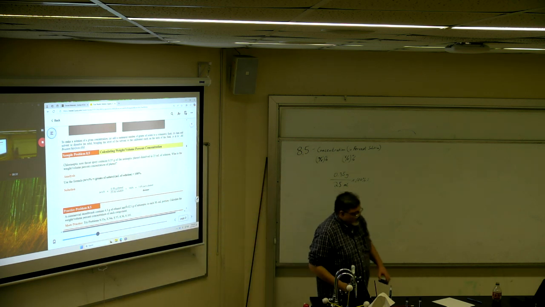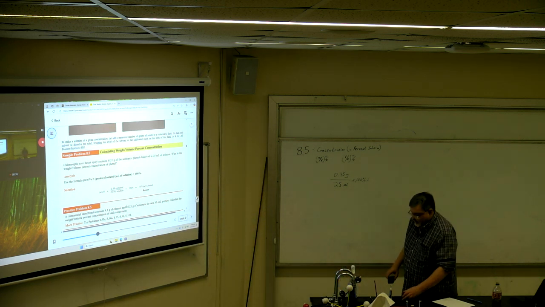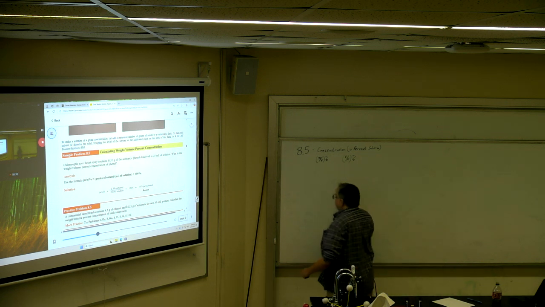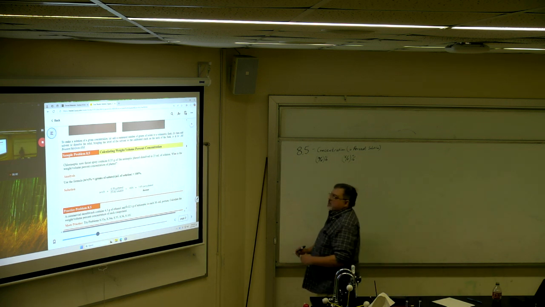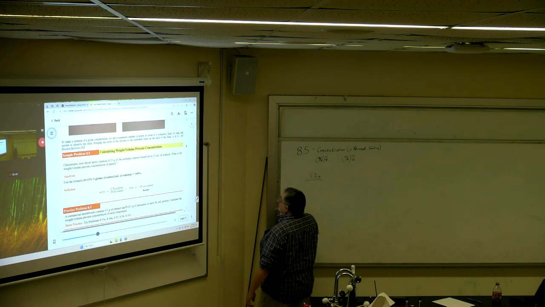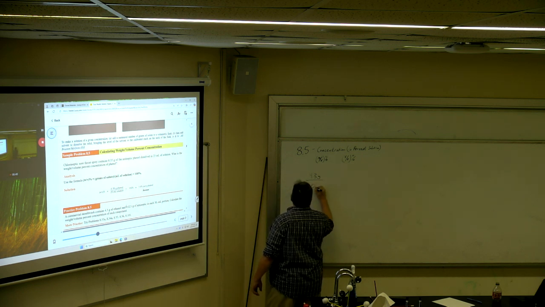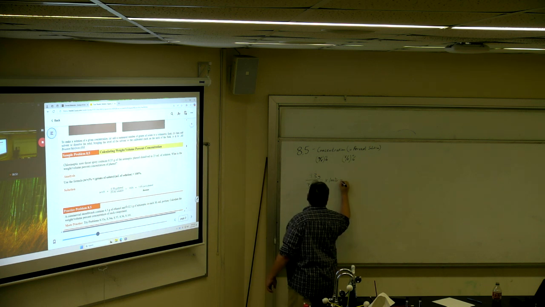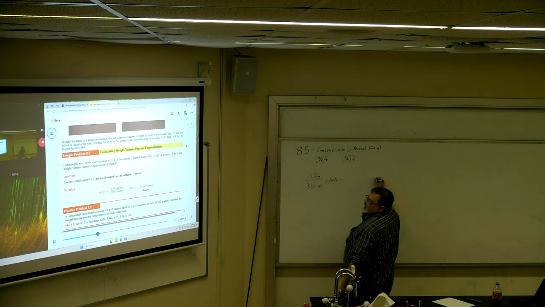So two different concentrations you can calculate there. These would just be 4.3 grams over 30 milliliters, and 0.021 grams over 30 milliliters.